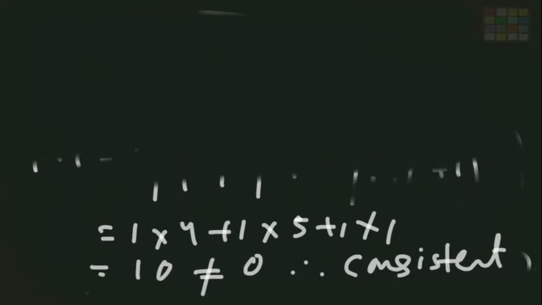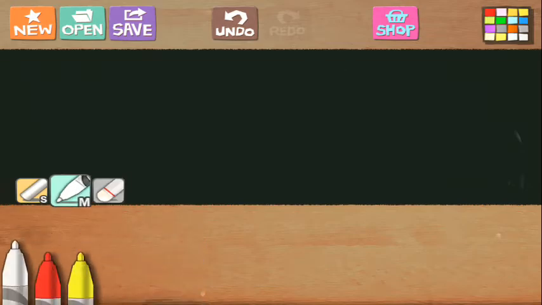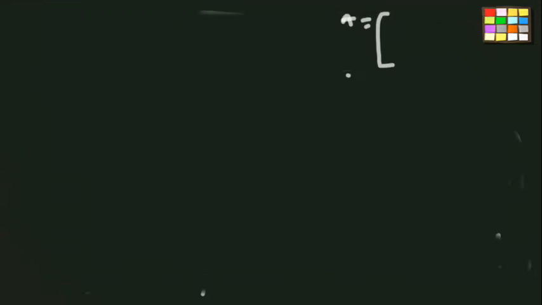The first step to find A inverse is to write the minors of all elements. For that, I will write the elements of A in a corner. Your A is 1, minus 1, 1; 2, 1, minus 3; 1, 1, 1.